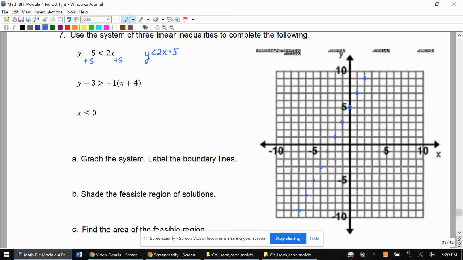And this one's dashed. All right, next up.